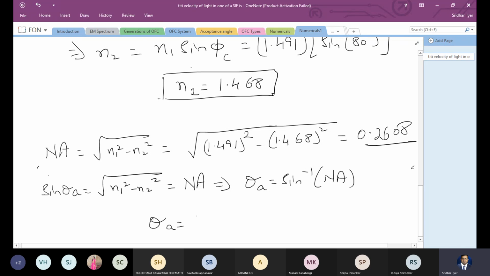So theta A will be sine inverse of 0.2608, and this will be about 75.12 degrees, right? So with all this information, this is what we can calculate.